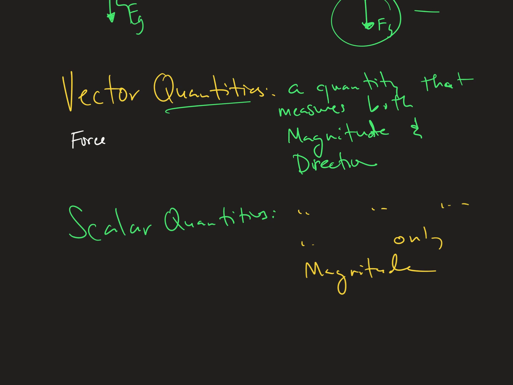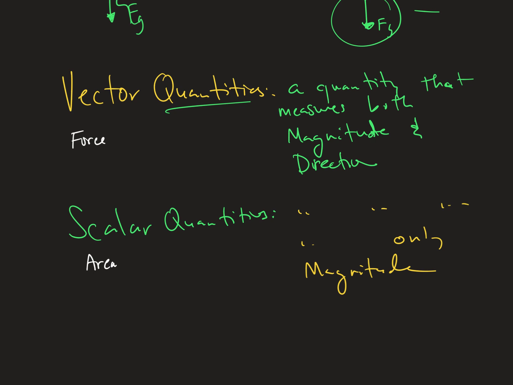Should I give you a scalar quantity? Area. If I find the area of this table, it's 2 by 6, so let's just say 12. It's 12. Is that good enough? No. 12 square feet. Oh, is that good enough?